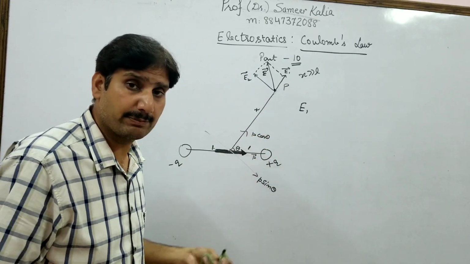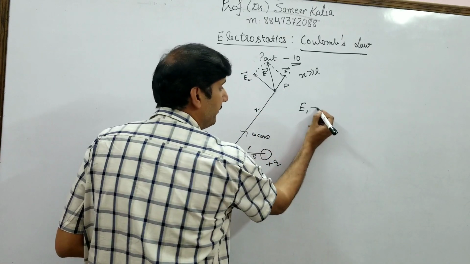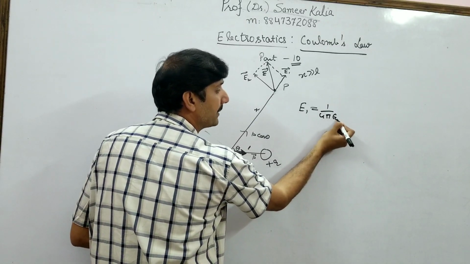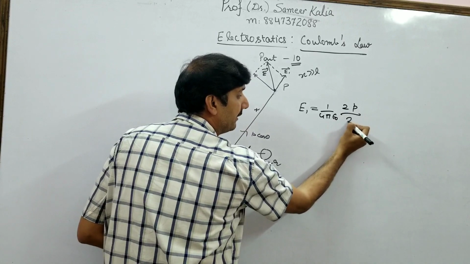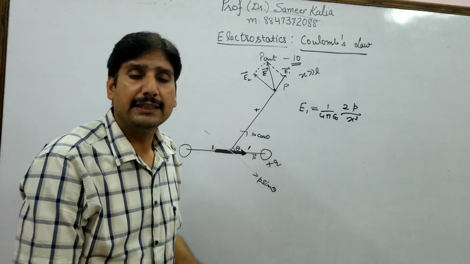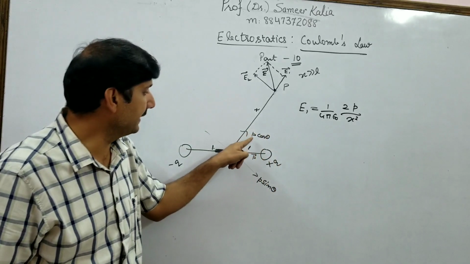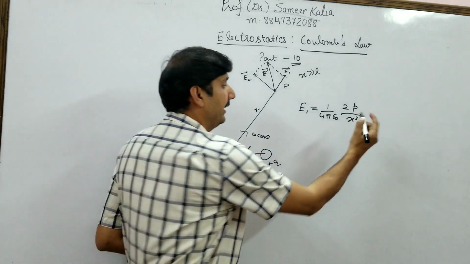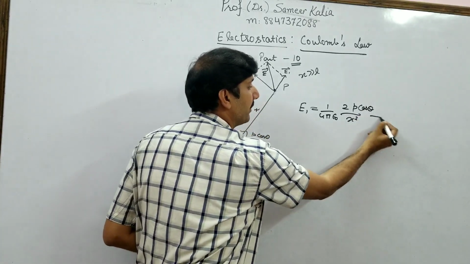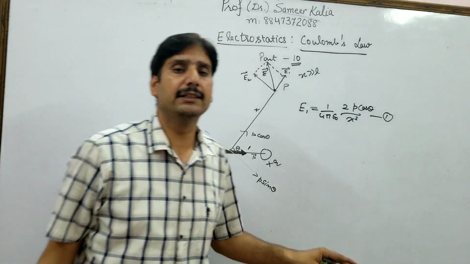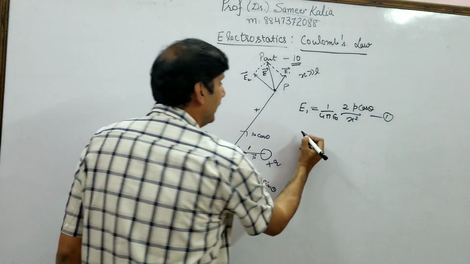So we use the expression which we derived in the previous part of this lecture series, that is 1 by 4 pi epsilon naught, 2p divided by x cube. This was the expression when the dipole moment was p, but in this case the dipole moment is p cos theta, so I modify this expression as 1 by 4 pi epsilon naught, 2p cos theta divided by x cube.